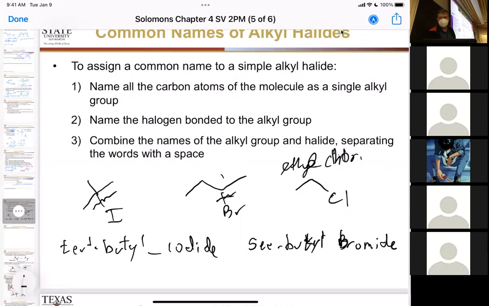Okay, so we have that nice nomenclature there. And if they're more complex than that, we can't just use a common name, it'll have an IUPAC name. But if you can see the alkyl group, recognize those alkyl groups, and now those 3 vinyl groups you have to remember, methylene, vinyl, and allyl, then you'll be able to do that system.